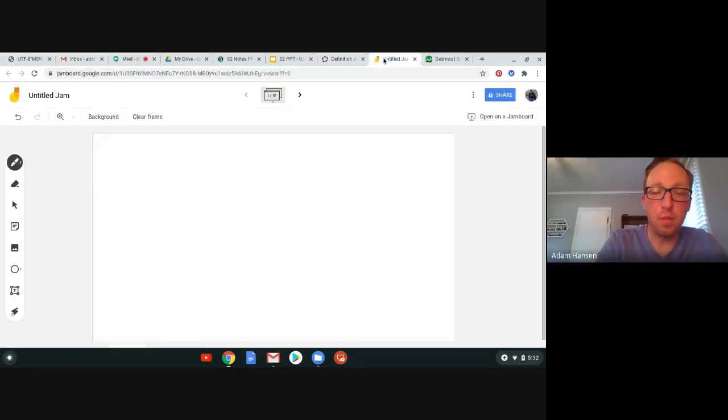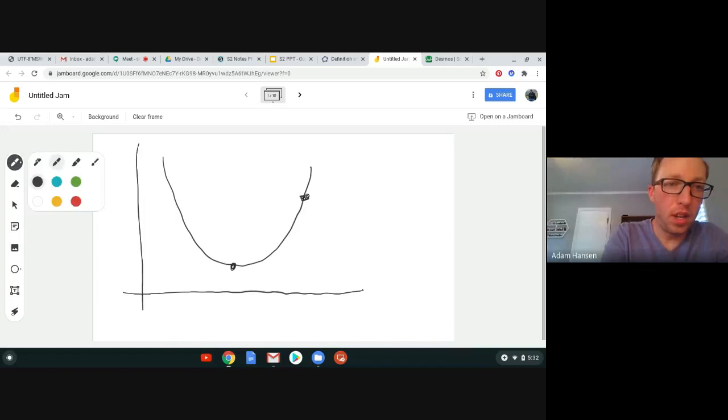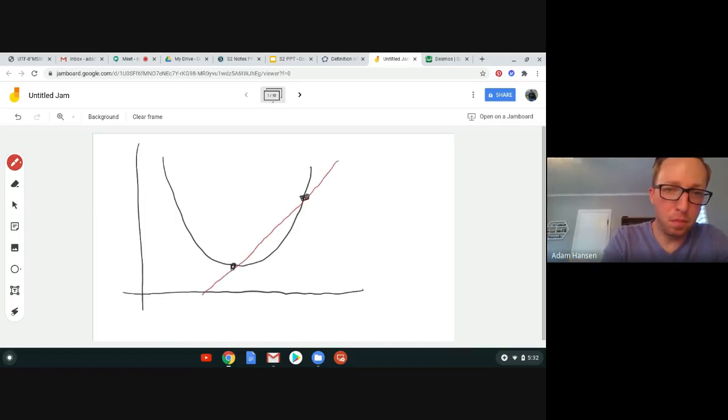Let me draw that same one here just to give you a little bit more understanding of what I'm talking about. So we have a curve with 2 points. And we're going to draw the secant line through those 2 points. This would be point x.